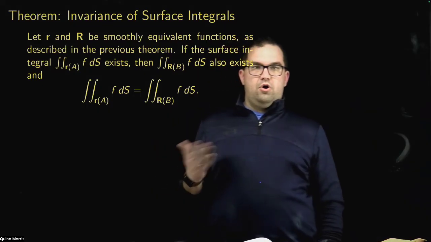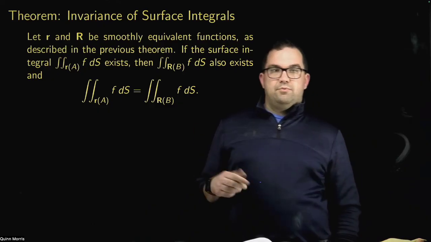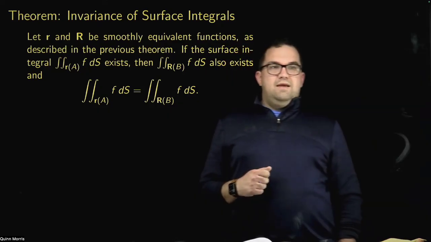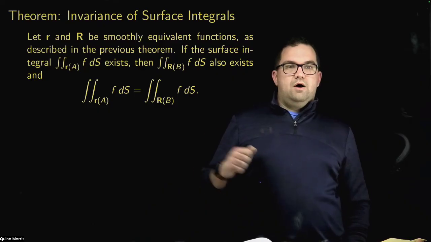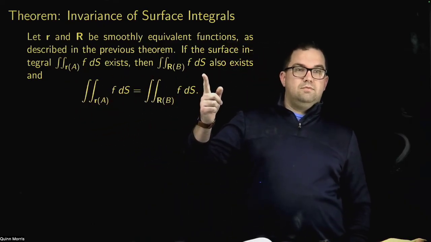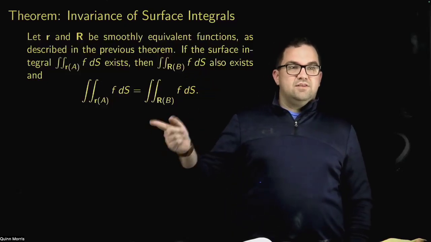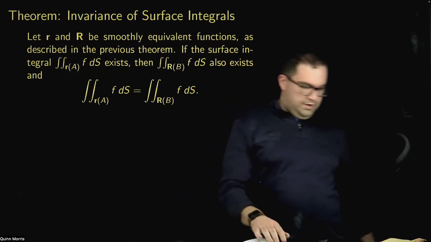So if we let little r and big R be, again, smoothly equivalent functions, as described in that previous theorem, then if the surface integral with respect to one parameterization exists, then the surface integral with respect to the other parameterization also exists, and the surface integrals must be equal to one another.